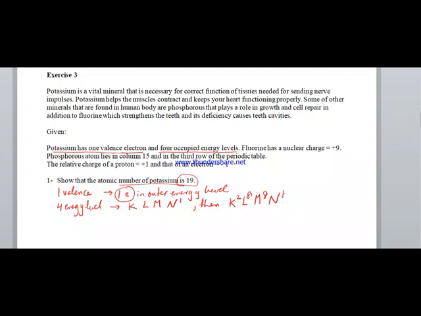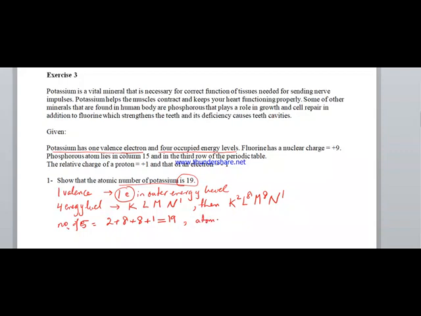The total number of electrons in potassium is equal to 2 plus 8 plus 8 plus 1, which is equal to 19.